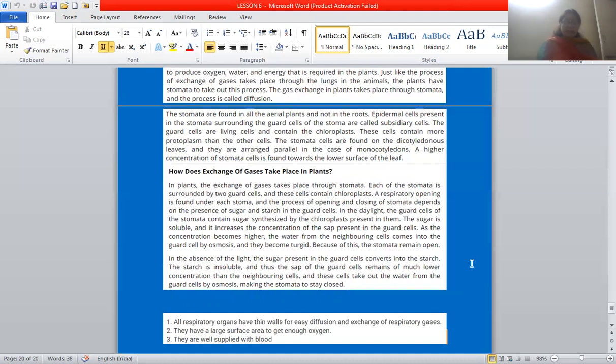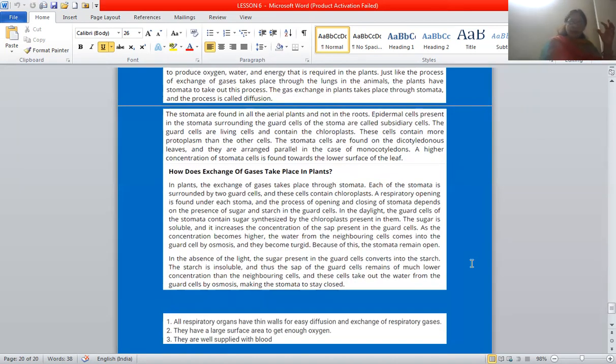Lenticels are loosely arranged, thin-walled, rounded cells with intercellular spaces for exchange of gases.